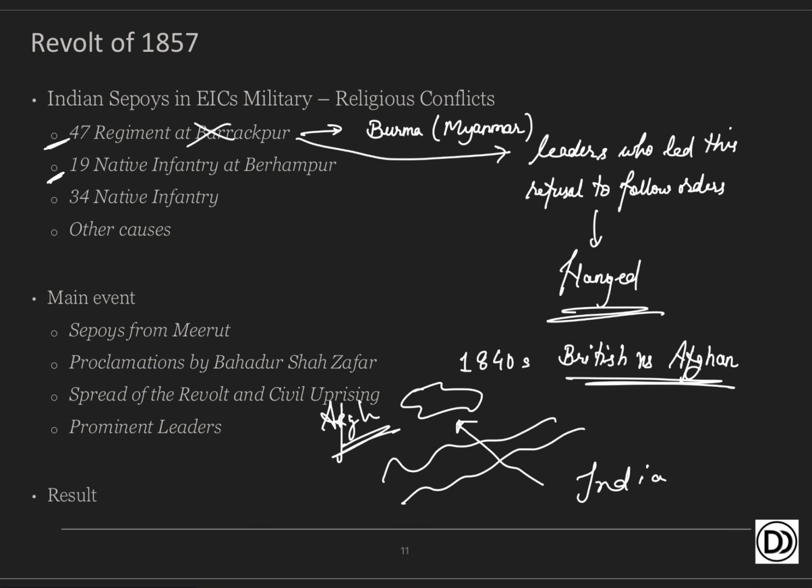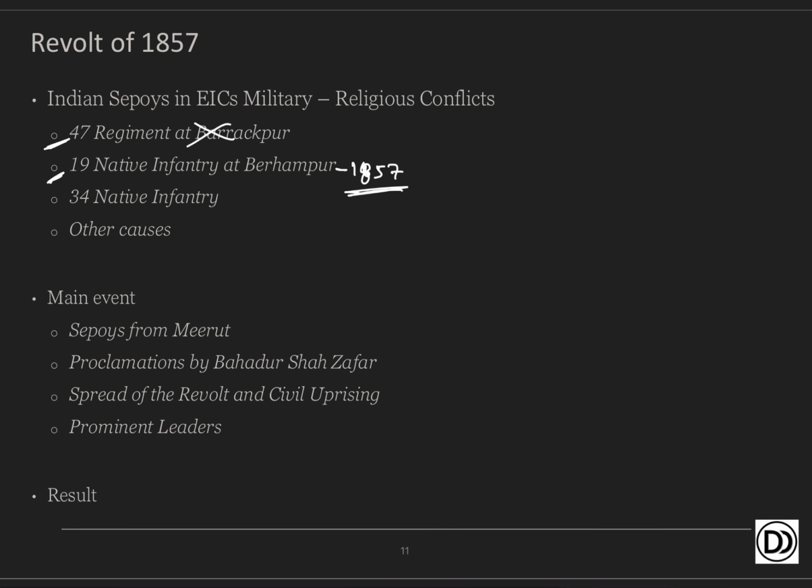Similarly, around 1857, this infantry refused to use new rifles which were introduced into East India Company's army. What used to happen?